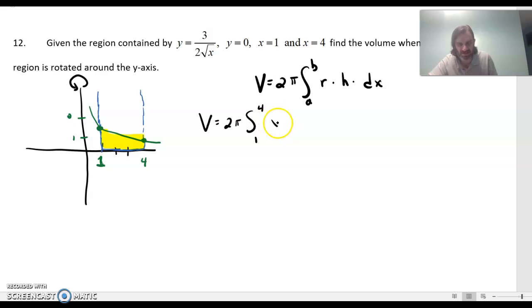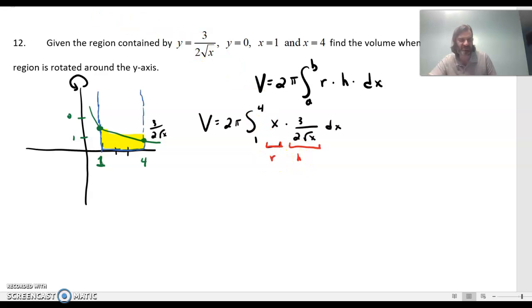The radius will be x, and the height will be the actual function here, 3 over 2 square roots of x, dx. So here the x is the radius and the 3 over 2 square roots of x is the height.